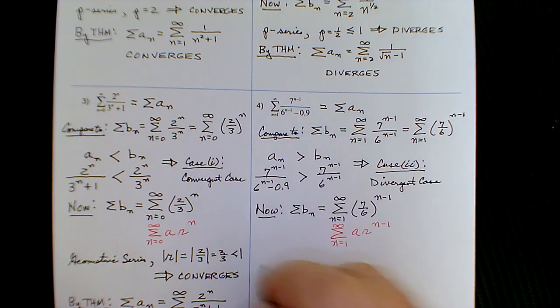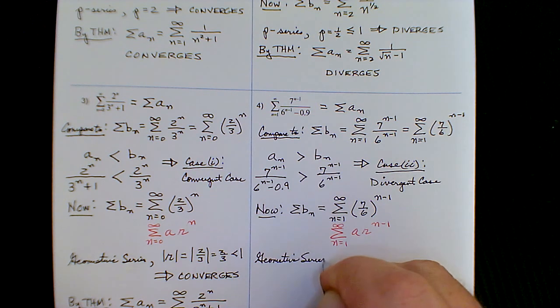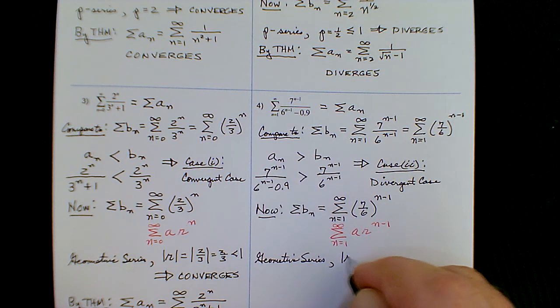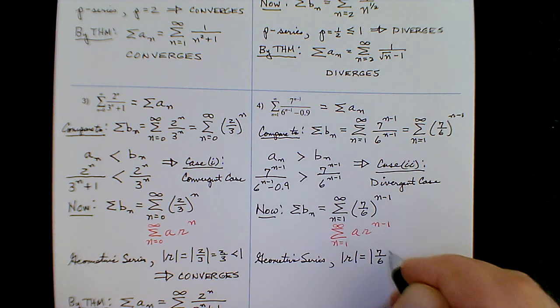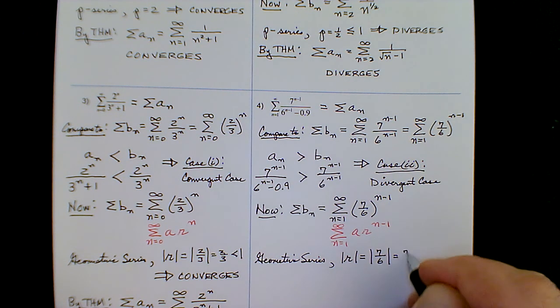So then you have to tell me what type of series we're dealing with. And again, it's a geometric series. Tell me what determines its convergence or divergence, which is the absolute value of r. In this case, the absolute value of 7/6, which is 7/6. And 7/6 is greater than or equal to 1.